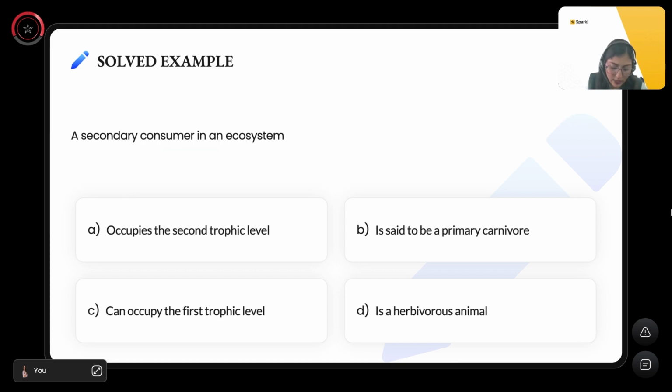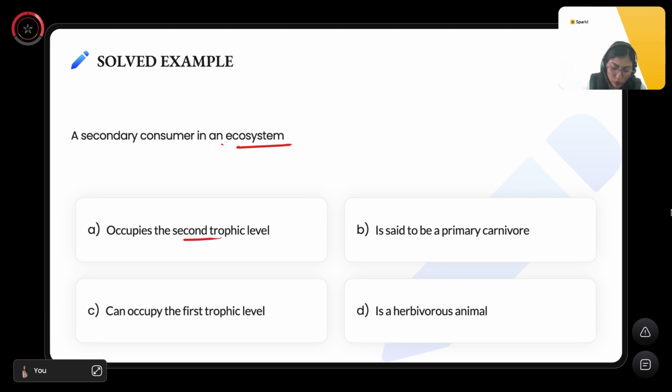Next question says secondary consumer in an ecosystem. So secondary consumer के लिए कौन सा statement correct है? Let us find out. First option says occupies the second trophic level.